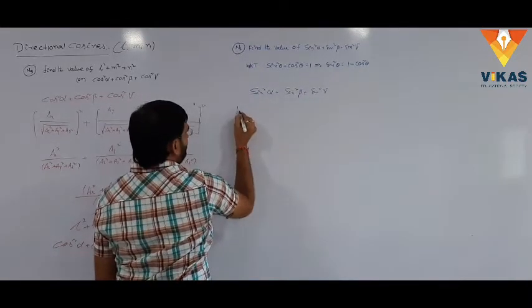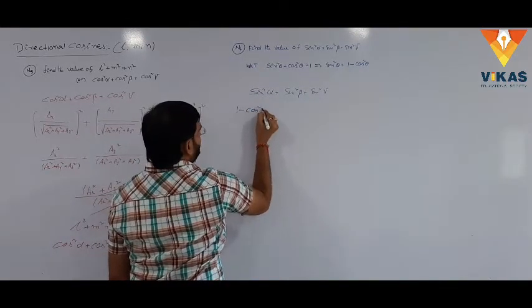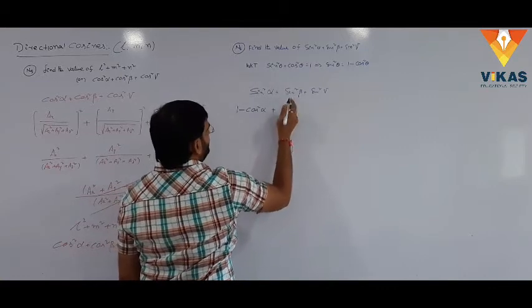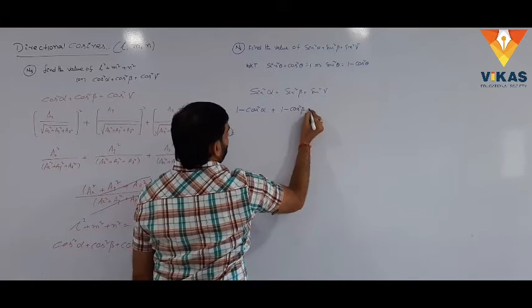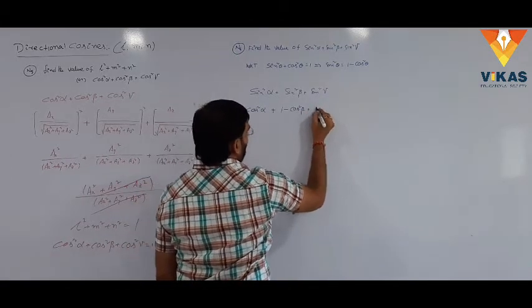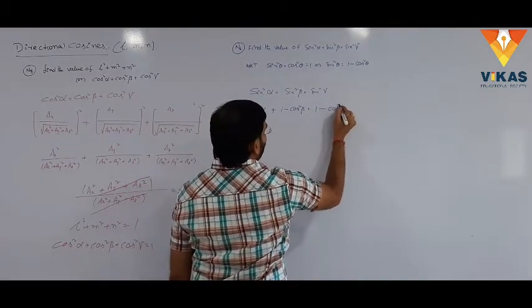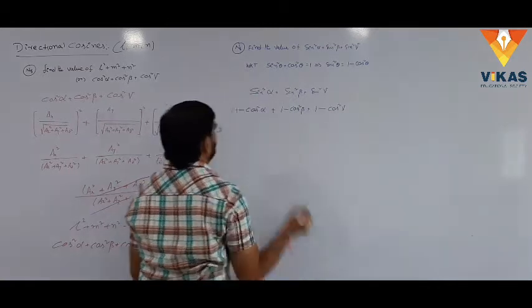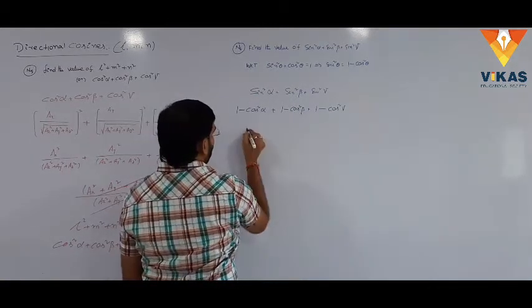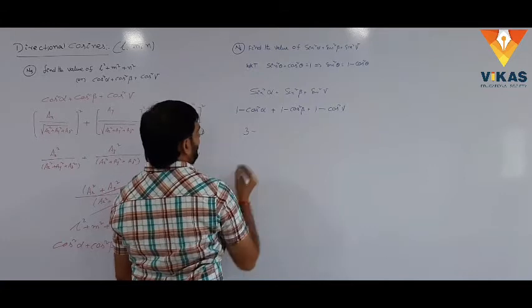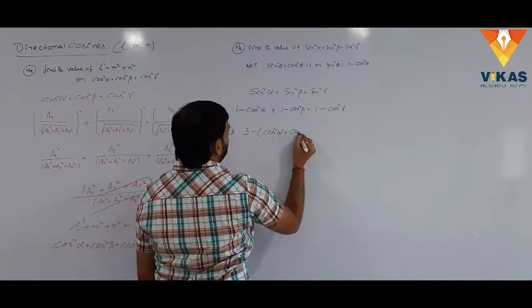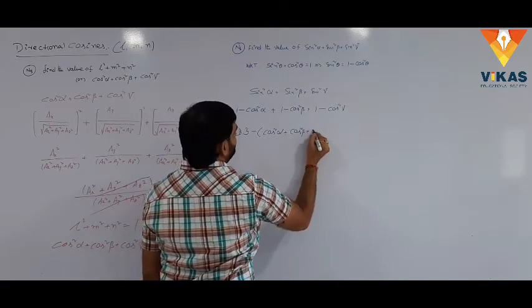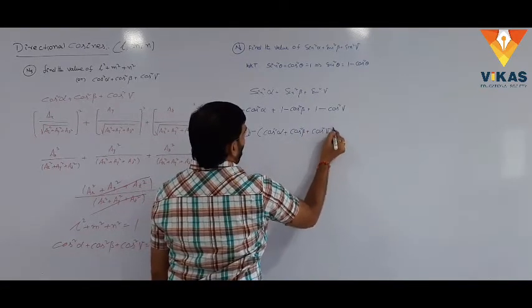Sin square alpha equal to 1 minus cos square alpha, plus sin square beta equal to 1 minus cos square beta, sin square gamma equal to 1 minus cos square gamma. 1 plus 1 plus 1 is 3. Minus is the common: cos square alpha plus cos square beta plus cos square gamma.